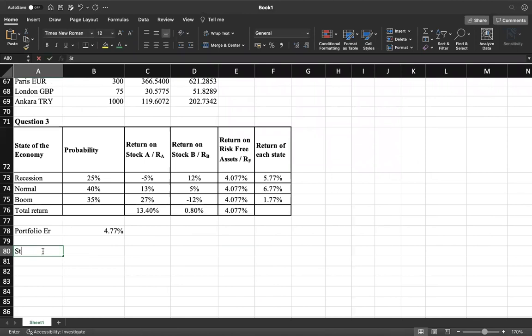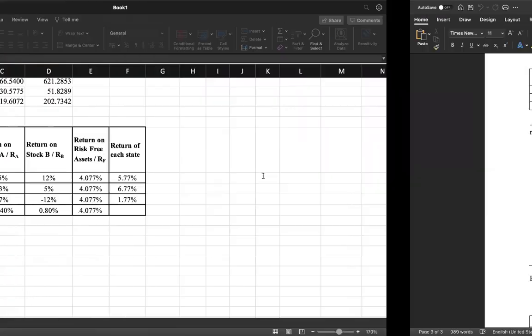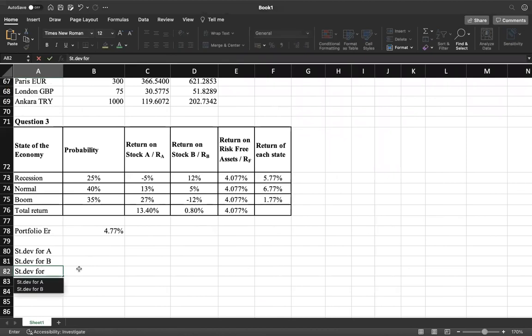Standard deviation. Standard deviation for each asset. For B and standard deviation for risk-free asset, RFs.